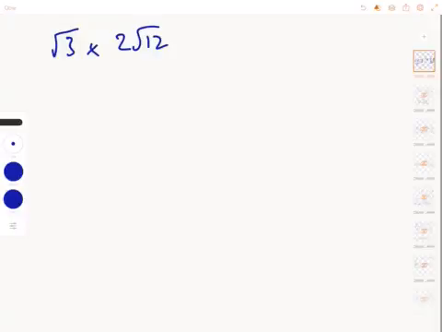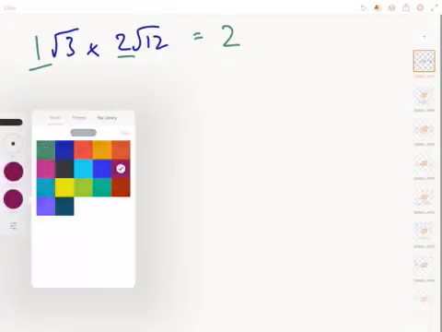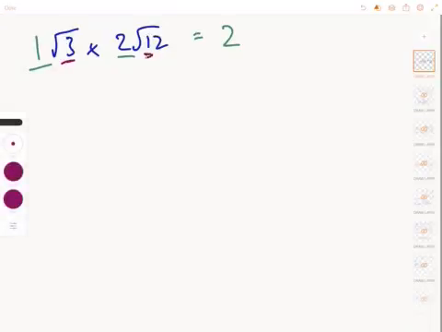Okay, so again, same as before, numbers out the front first, the coefficients first, so we're going to go 1 by 2, and that's going to get us 2. And then doing the surd part, we've got 3, we've got 12, 3 by 12 is 36. Okay, so in a nice world, we're done.